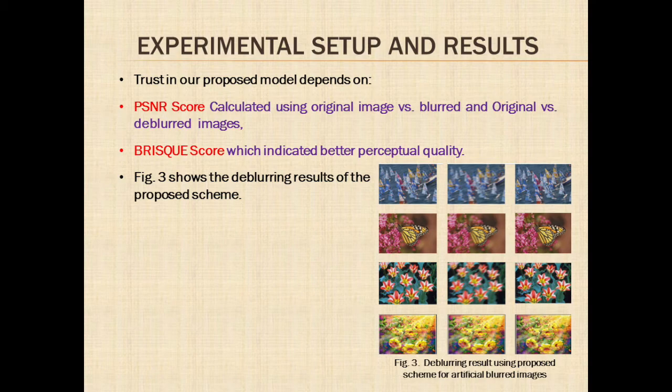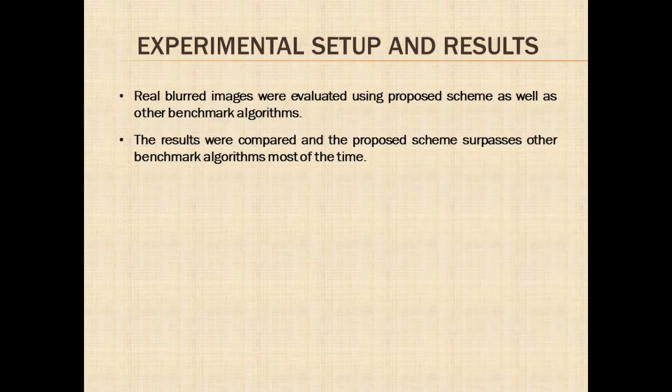The PSNR values were calculated for the images and the results were analyzed and compared. To test the efficiency of the proposed scheme for practical applications, we used real blurred images captured using a digital camera affected by motion blur. The proposed scheme's results for both artificial and real blur outdo the benchmark schemes in terms of speed and efficiency.